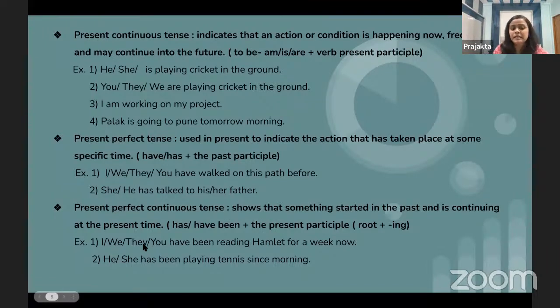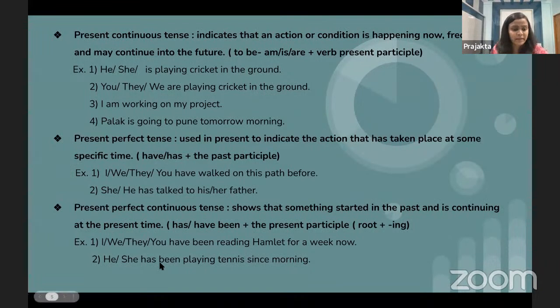So I, we, they, you have been reading Hamlet for a week now. क्या मैं एक वीक से, एक हफ्ते से हैमलेट ये नॉवेल पढ़ रही हूँ. क्या है कि मैंने कुछ ही दिनों पहले हैमलेट ये जो नॉवेल है ये पढ़ने के लिए शुरुआत की और अभी भी वो जो एक्शंस है वो जारी है. लंबा समय नहीं हुआ है, कुछ ही दिनों पहले या फिर कुछ समय पहले मैंने वो एक्शन स्टार्ट की थी एंड द एक्शन इज कंटिन्यूइंग स्टिल नाउ.